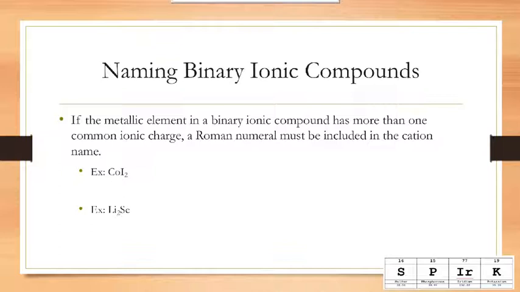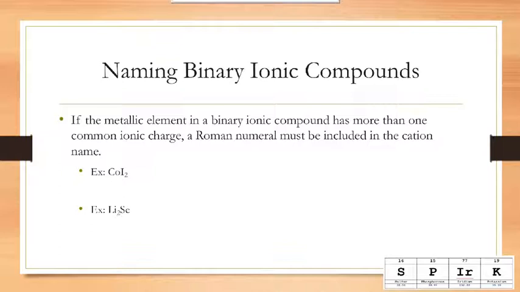If the metallic element in a binary ionic compound has more than one common ionic charge, a Roman numeral must be included in the cation name, much like we just saw with copper(II) oxide. So when we look at our first example here, CoI2, we know that Co is cobalt, and cobalt is a transition metal.